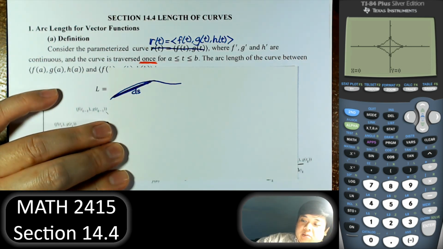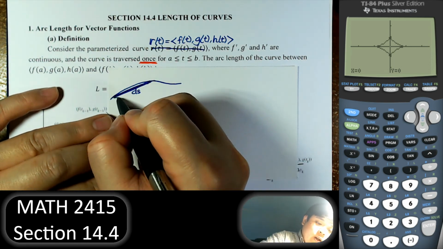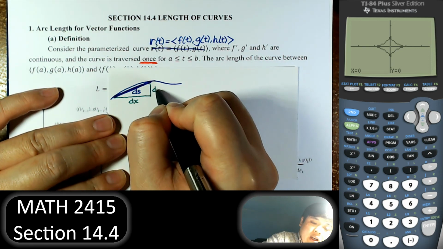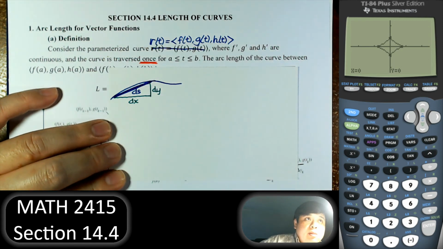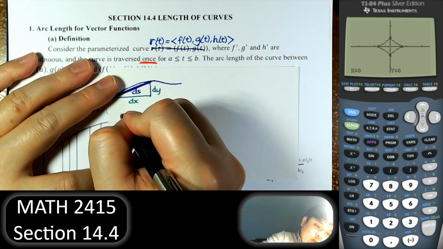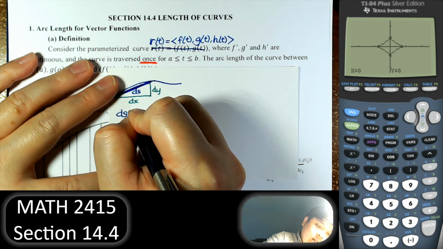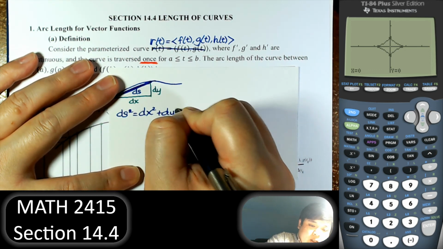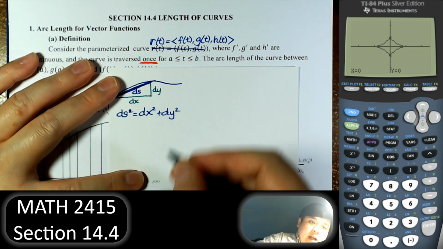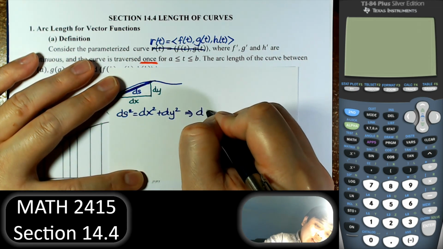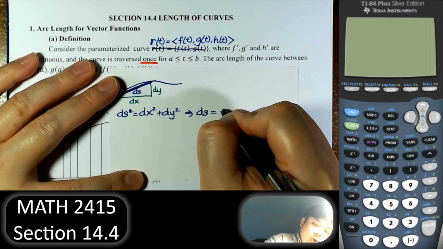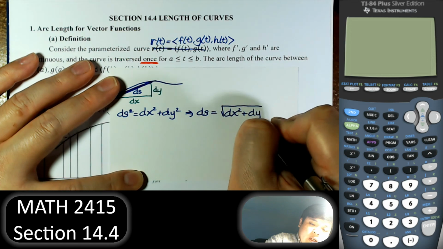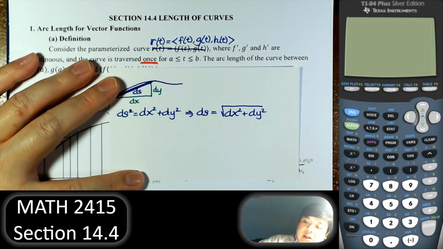And then we will have the x component. The reason we use dx and dy is because that's a very small length. So we have ds square equal to dx square plus dy square. And we have ds equal to square root of dx square plus dy square. Next, we'll just integrate both sides.